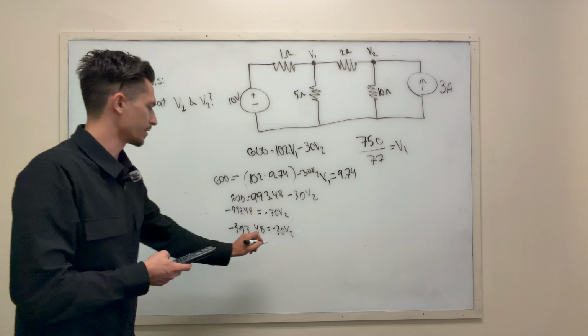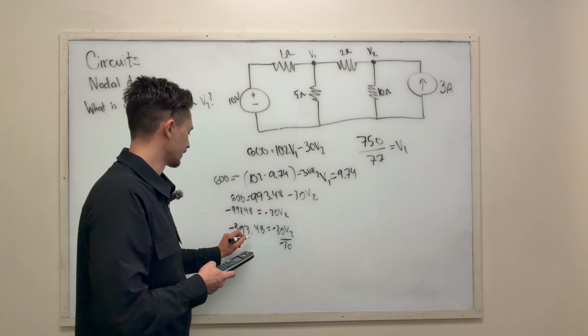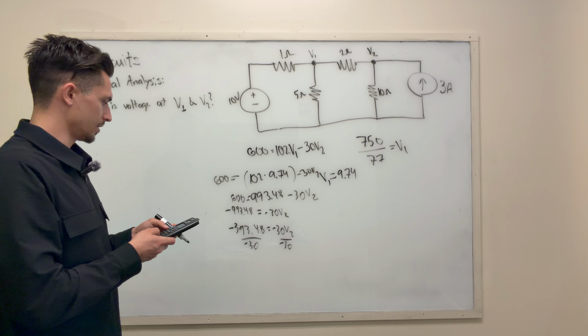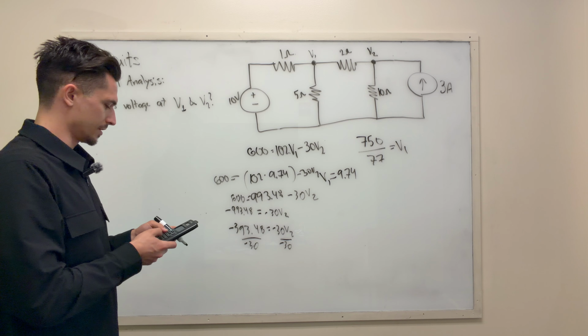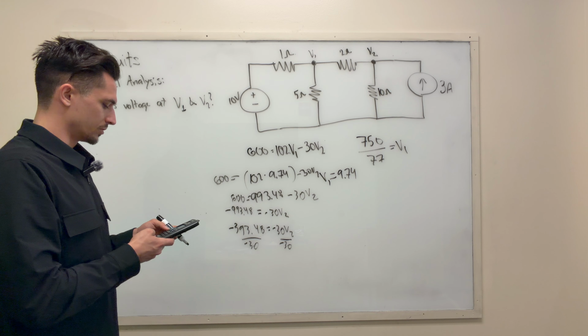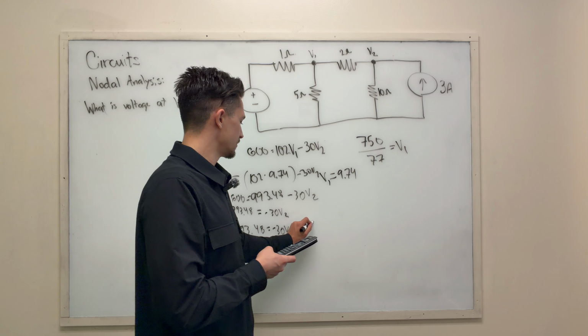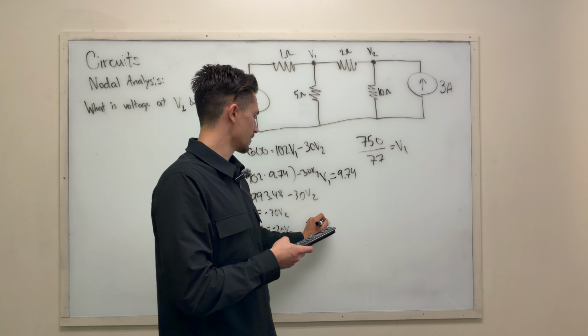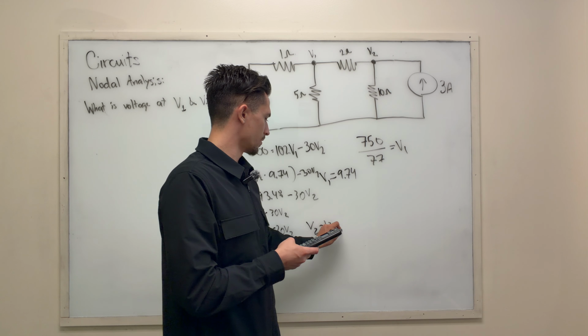You divide negative 30 on both sides here. So v2 becomes negative 393.48 divided by negative 30, which gives us v2, so the voltage at node 2 is 13.116.